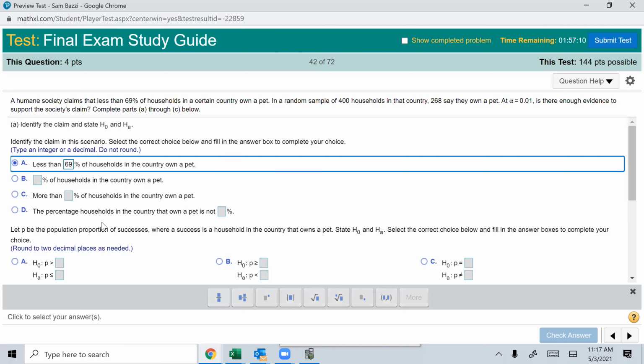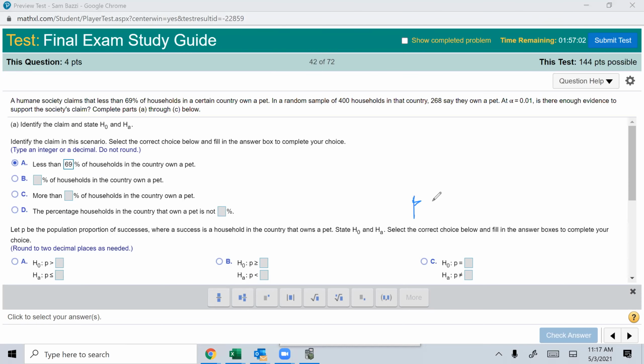Okay, what would be the null and the alternative, guys? That should be easy now. So we have p less than 69%. And you guys agree with me that should be in HA or H1? And what would be your null hypothesis?